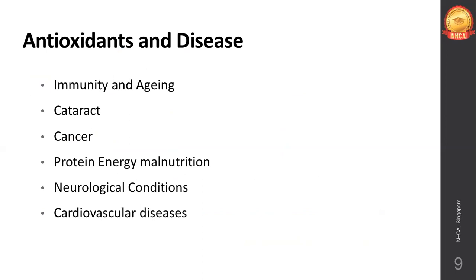Coming to antioxidants and diseases, whatever topics I am taking in this recorded session, only those topics you have to read. In between, they have combating free radicals and reactive oxygen species.